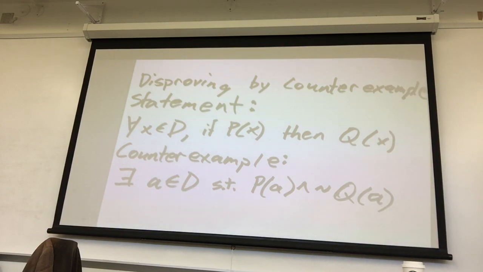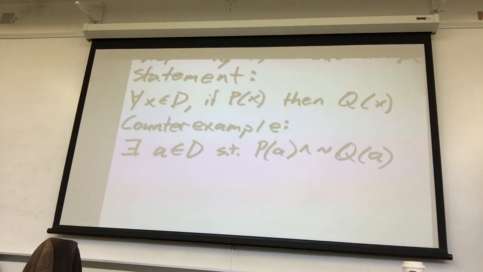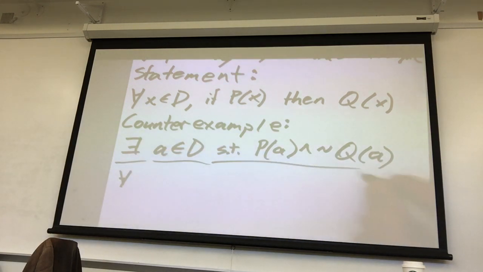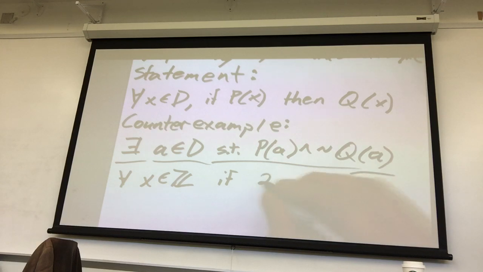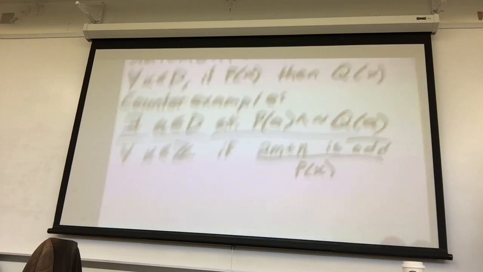So, let's try one. I'll give you all a second to actually think about this. Let's scoot up a little bit. I'm going to make this statement right here. Say for every x in the integers, if 2m plus n is odd, that statement is my P of x. Then I need a then statement for my Q of x.